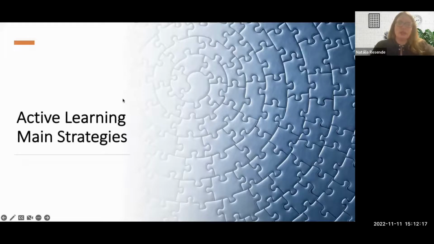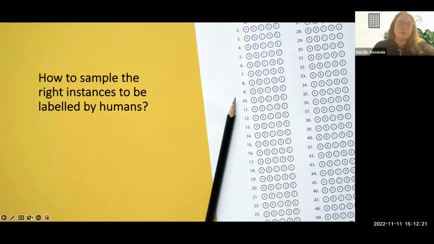So let's see the most useful strategies. The question is how to sample the right instances to be labeled by humans. We need to select the most informative, the right instances to be labeled by humans, because this way we are saving time and also saving human effort. Consequently, we are reducing costs.